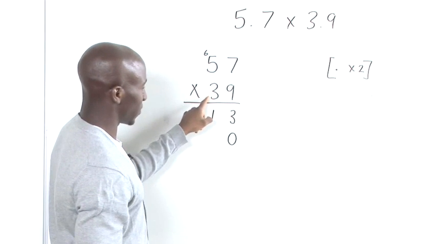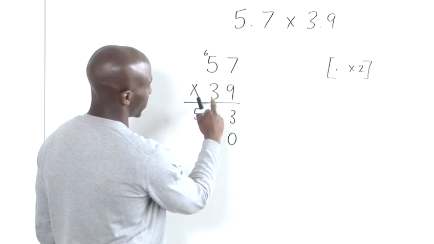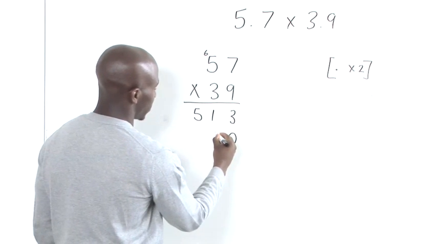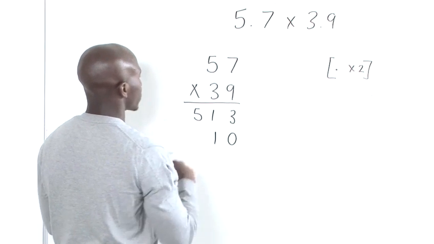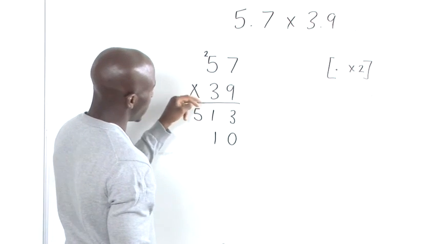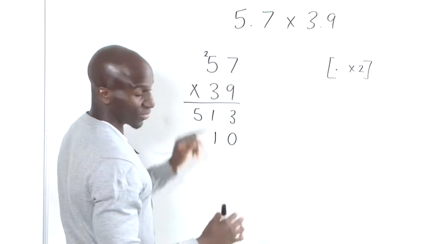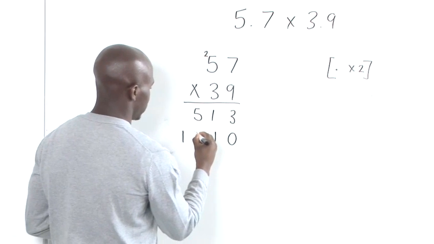But as we're starting off with the 3, we'll just start off to the left of this column. So 3 times 7 is 21. So we put the 1 there, and then we rub out this 6, put 2 there, as we're carrying 21. And now 3 times 5 is 15. Add the 2, makes 17.